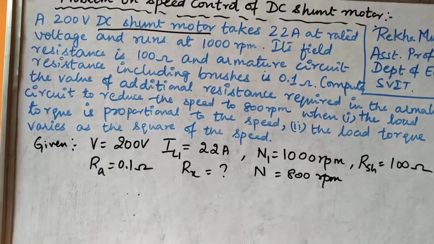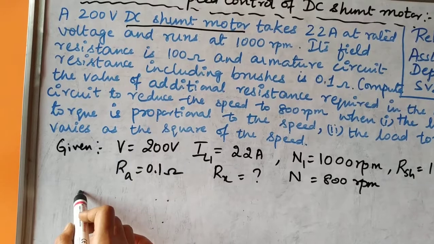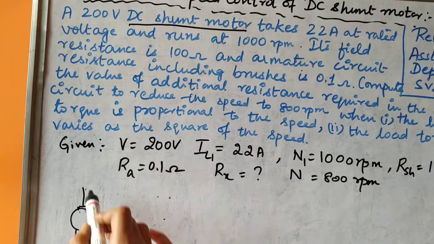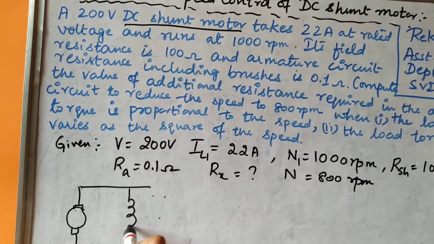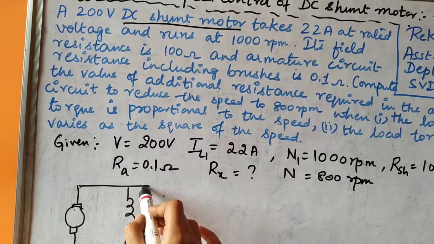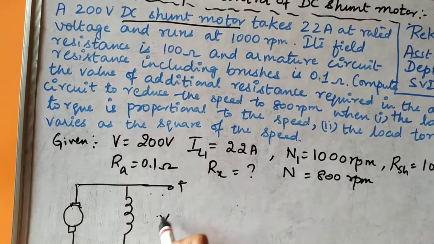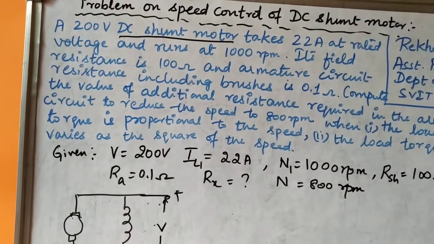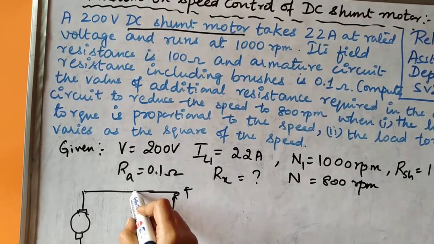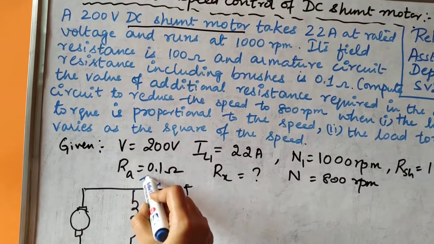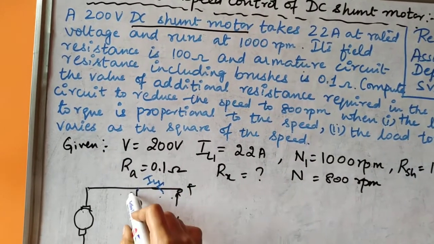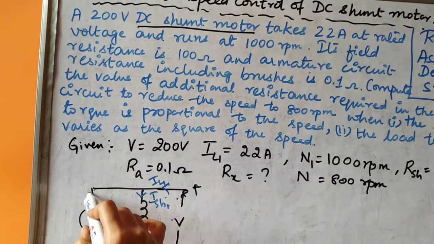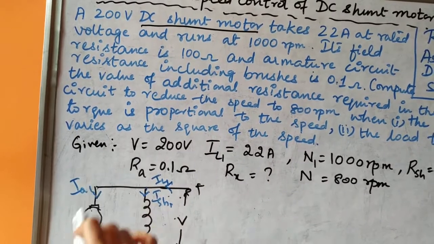Let us draw the circuit of the DC shunt motor, where we are going to draw the armature in parallel with the shunt field winding, and the supply voltage, that is V of 200 volts, is applied. Now let us mark the notations, that is the currents which will flow. Let me mark this as IL1, the current which will flow here is I shunt 1, and the current which will flow here is IA1.